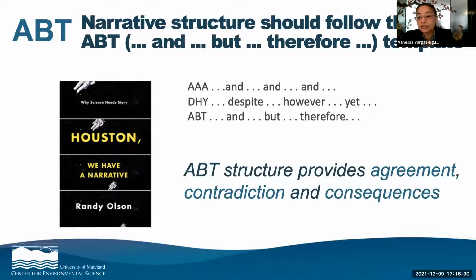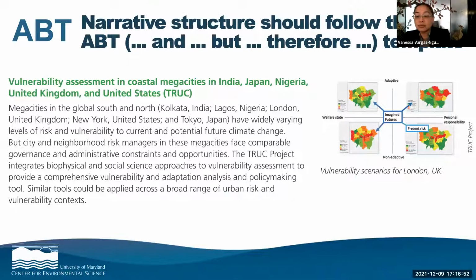The ABT structure provides agreement using the "and", which is the setup that we can all agree on, the contradiction or the "but", which is the problem, what we are confronting, and finally, the consequences, the "therefore", which are the actions that are being taken or could be the solution itself. This is an example of the use of an ABT structure to describe one of the projects funded by the Belmont Forum to address coastal vulnerability.